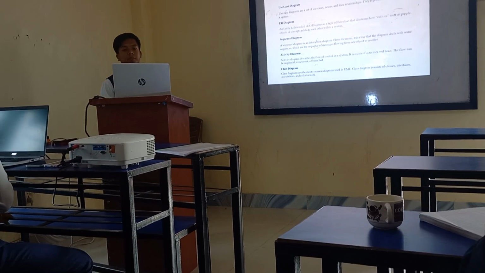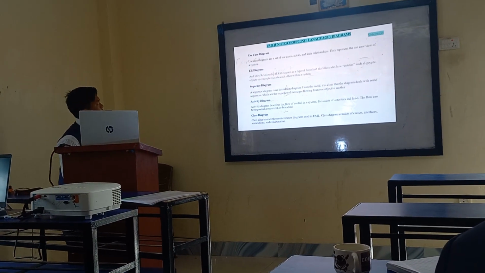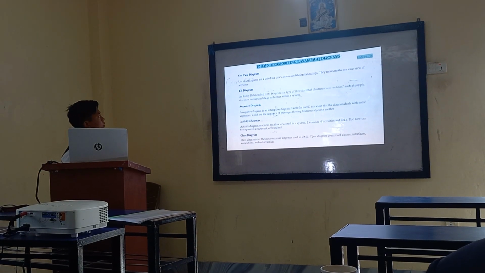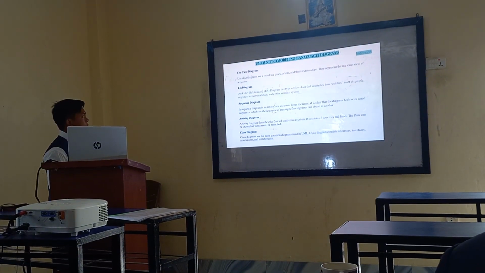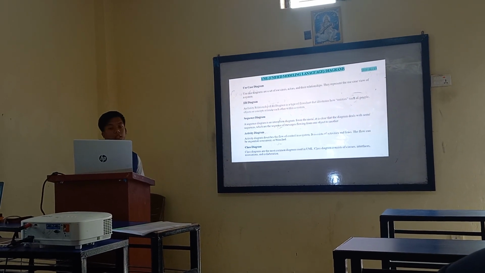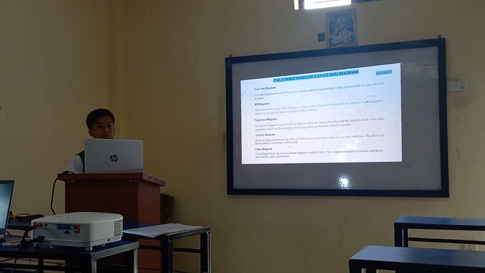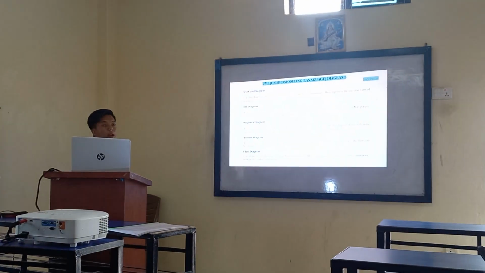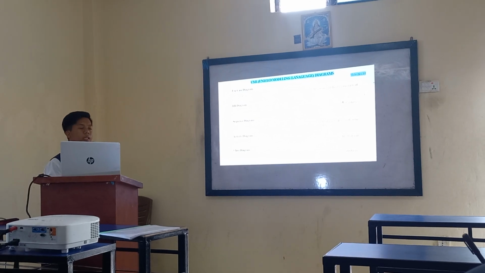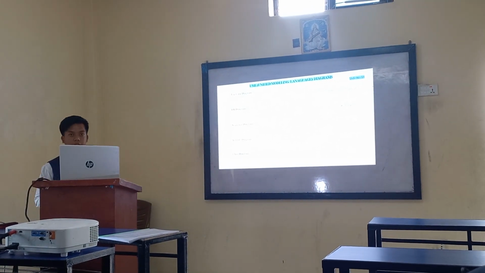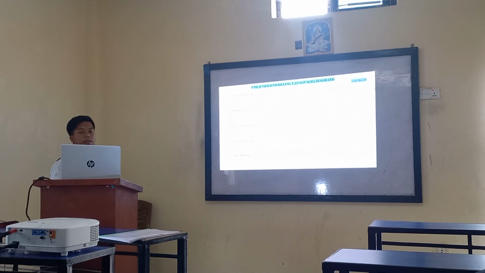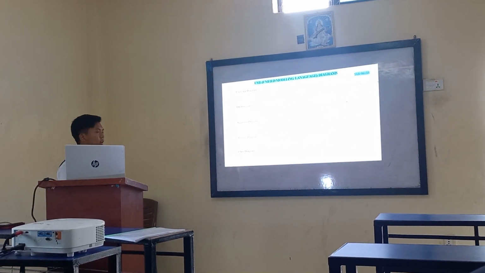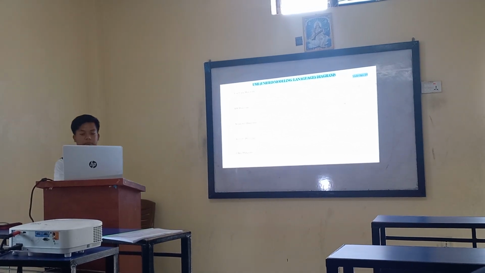The sequence diagram is another form of UML, or Unified Modeling Language, diagram, which shows how messages are delivered sequentially within this system. An activity diagram describes the flow control of the system or any software. The class diagram consists of classes, interfaces, and their associations within the system.